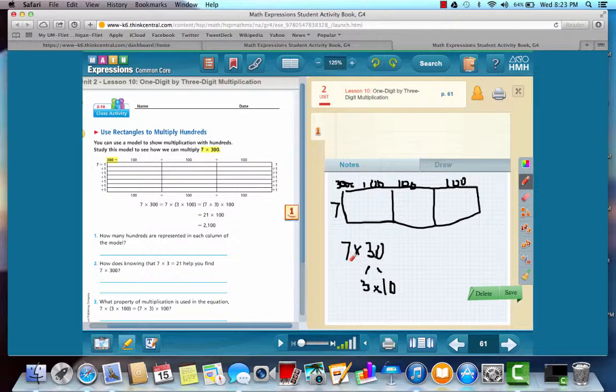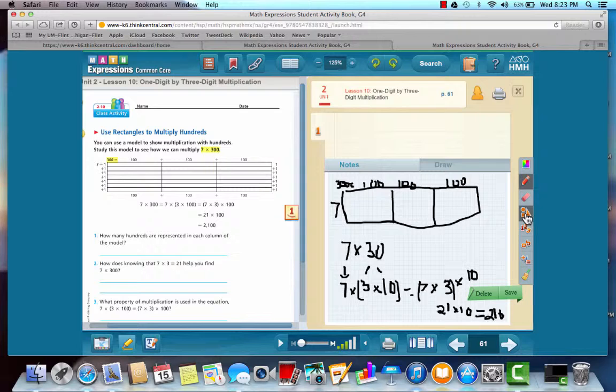So then your equation looked like this: 7 times 3 times 10. And then they decided to multiply 7 times 3 together, times 10. So then you had 21 times 10, which would equal 210. So that's just using 1 zero.